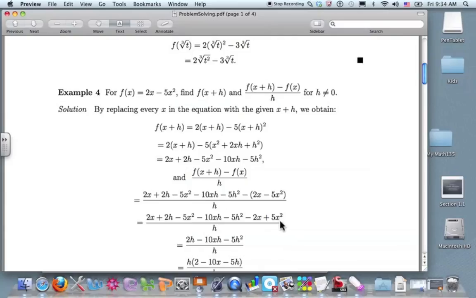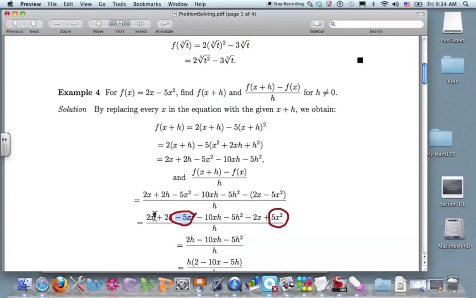That's very important, because now we're going to delete the similar terms. Where are the similar terms? We have a negative 5x squared and a positive 5x squared. So these two cancel.